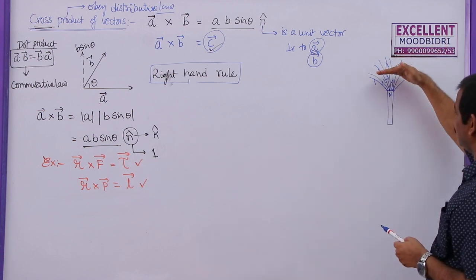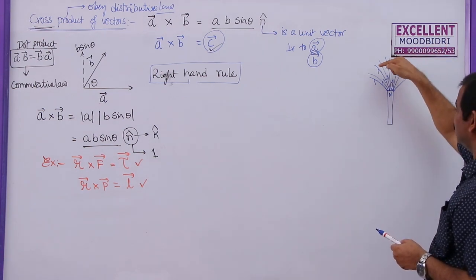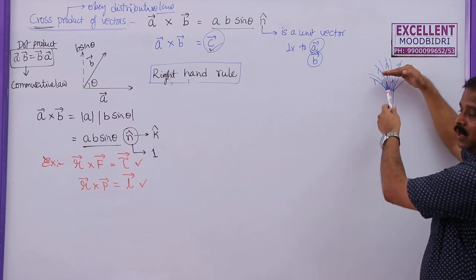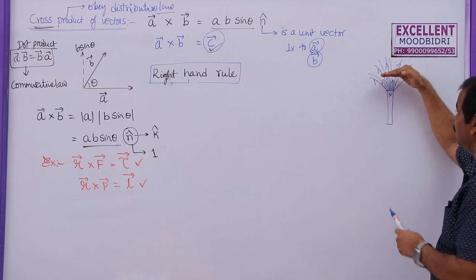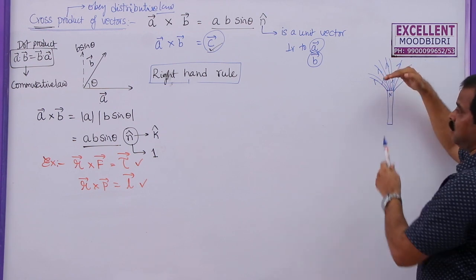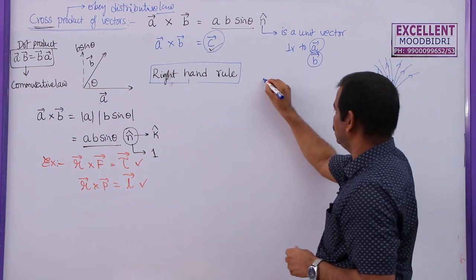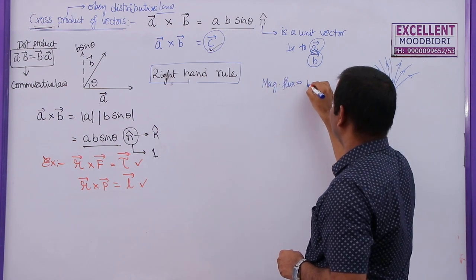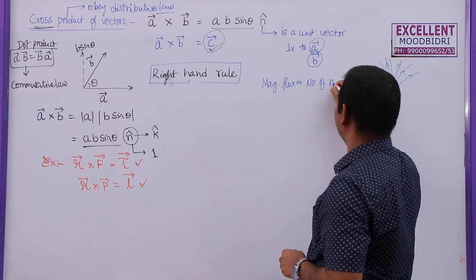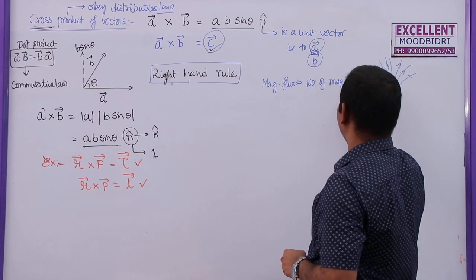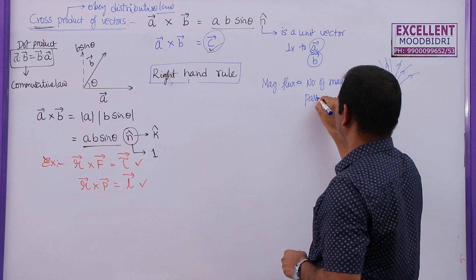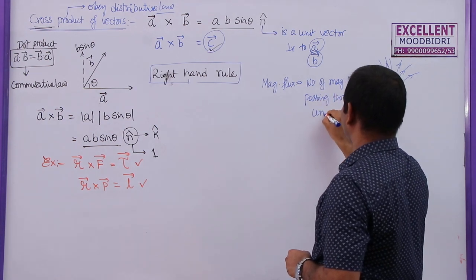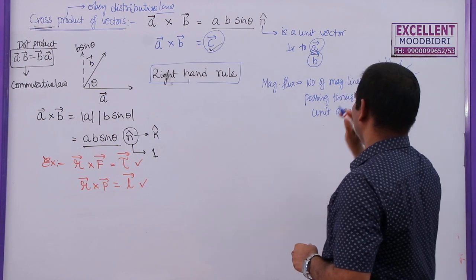Now, here if you keep some area, a small plate which is having some area, we can count the number of lines passing through this one. The number of lines passing through unit area is called magnetic flux. So magnetic flux is the number of magnetic lines passing through unit area.